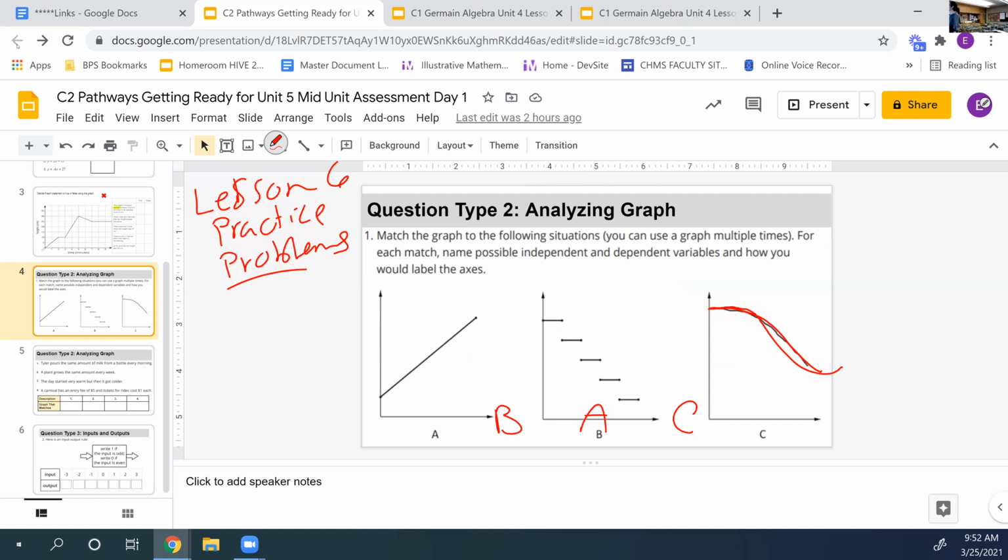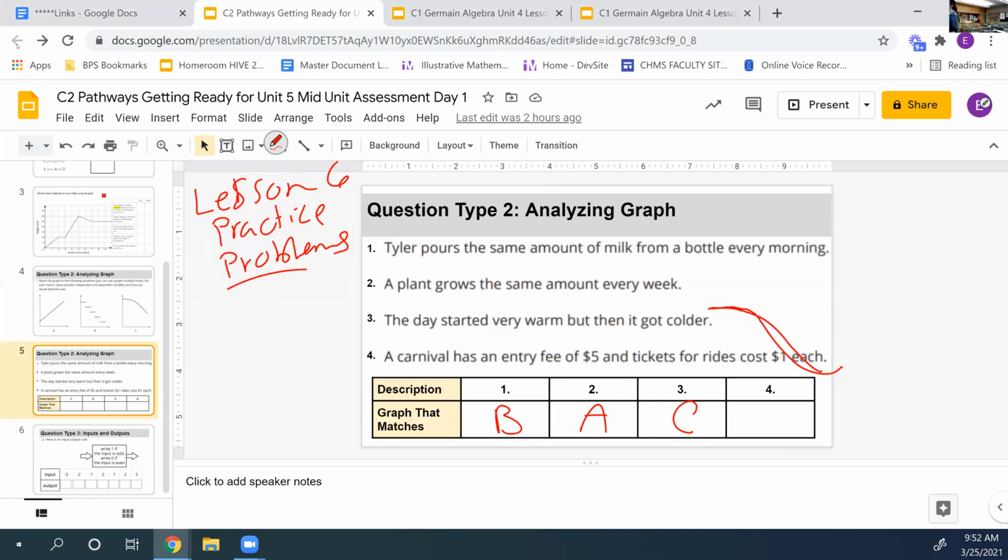Very good, Matthias. This guy here is going to match this description, because it starts with 5. So it starts on our y-axis a little bit up, $5. And then every ride is adding $1. So it's going up at a constant rate of change. So for description number 4, it would be graph letter A.